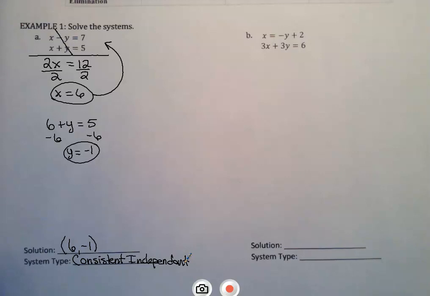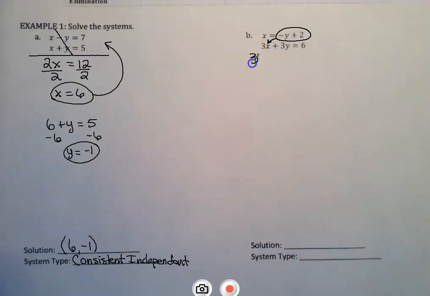How about B? How would you like to solve B? You could get y over, but remember, I put this one on there on purpose. Don't forget we also have substitution. This one's already solved for x, so we already know our x, and we can put it in there.